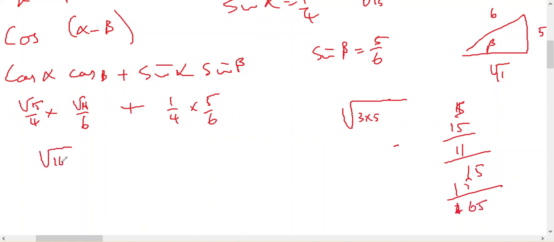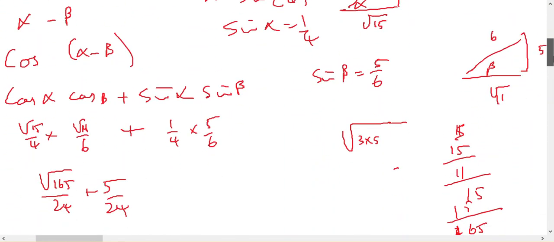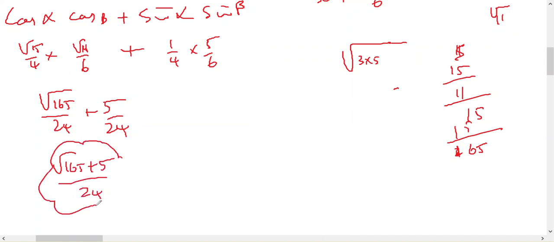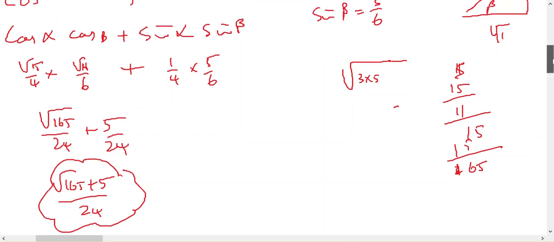So root 165 on 24 plus 5 on 24. And I need to leave it in that form. So it's going to be root 165 plus 5 all on 24. And that's the form that I was wanting.